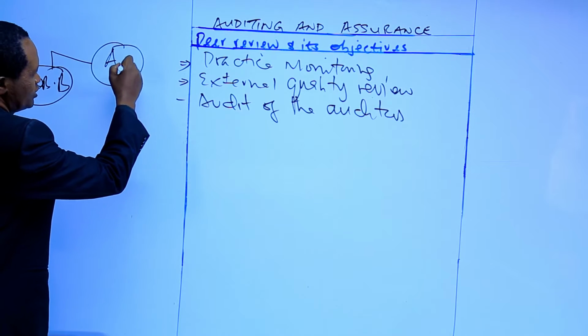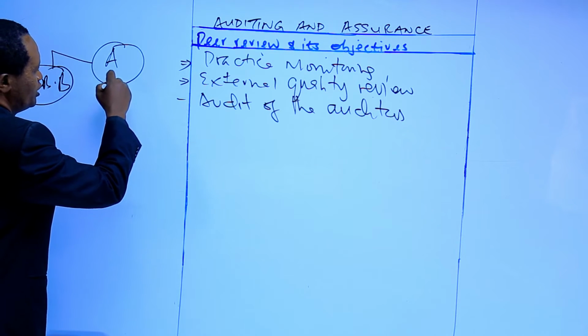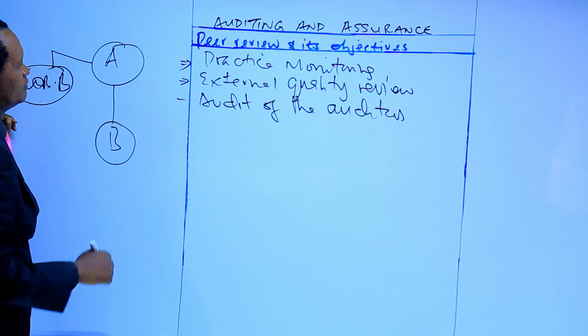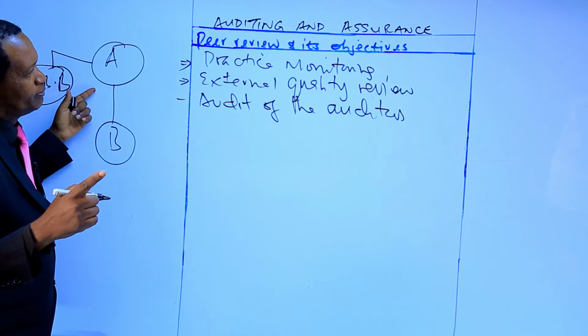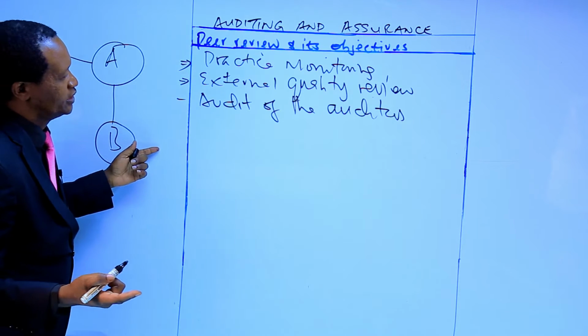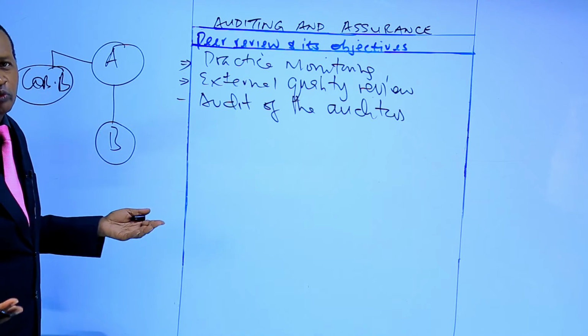The work of auditor A may also be audited by auditor B. So peer review in the context of auditing is where the auditor's work is audited by independent reviewers.